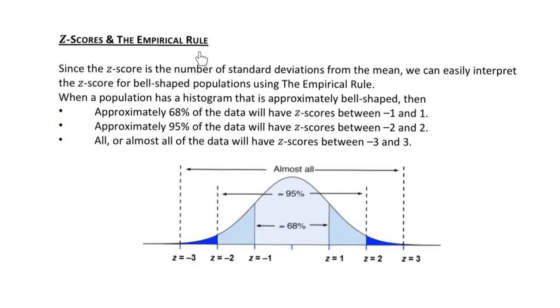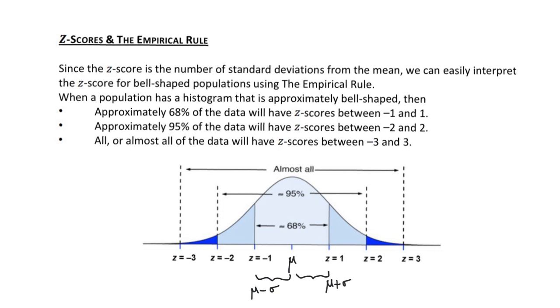Z-score and the empirical rule. Z-scores work best for populations whose histograms are approximately bell shaped. The empirical rule says that 68% of the data will be within 1 standard deviation from the mean, and 95% of the data will be within 2 standard deviations from the mean, and almost all will be within 3 standard deviations from the mean.